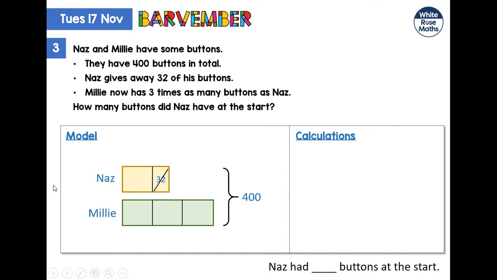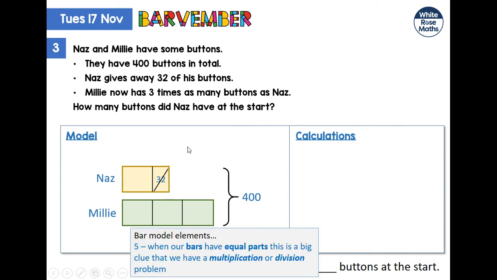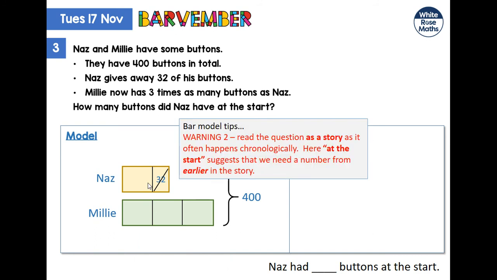Okay, so what we like here is that we've got 4 equal parts, and as soon as we have equal parts in a bar modeling question, it's a really big clue that we've got some multiplication or division heading our way. Okay. How many buttons did Naz have at the start?